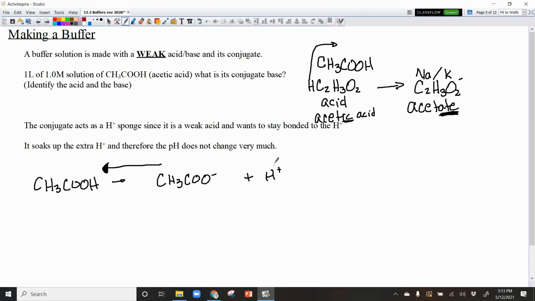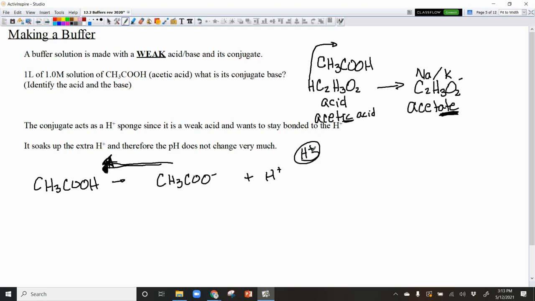Okay, so if we add more acid, if we put hydrochloric acid in this, this is called Le Chatelier's principle. It's going to adjust its equilibrium to relieve that stress. And it doesn't like to stay apart. So to relieve that stress, it's going to go back together this way.